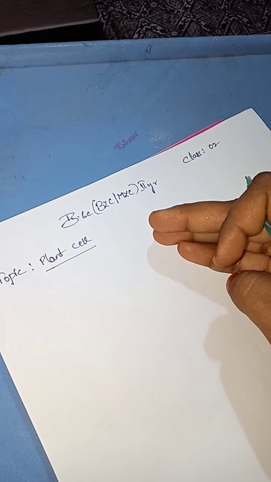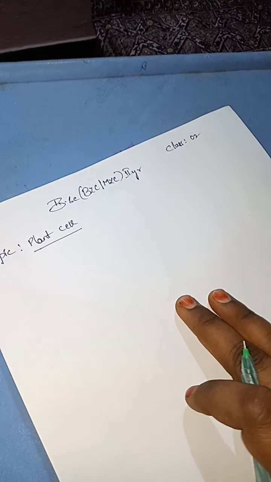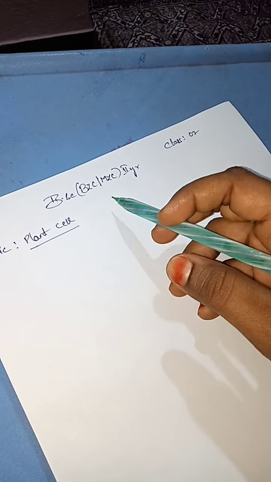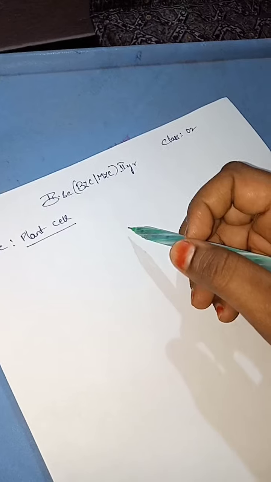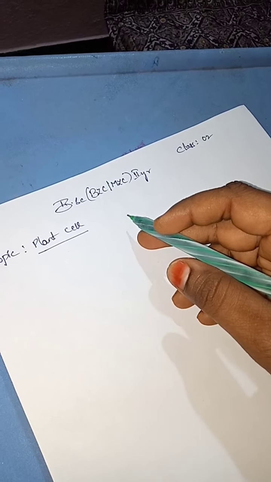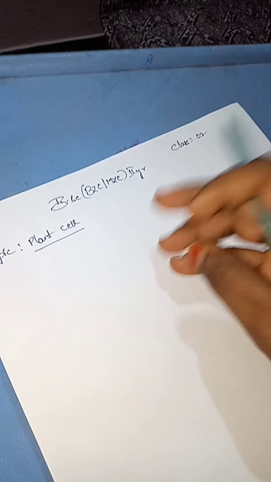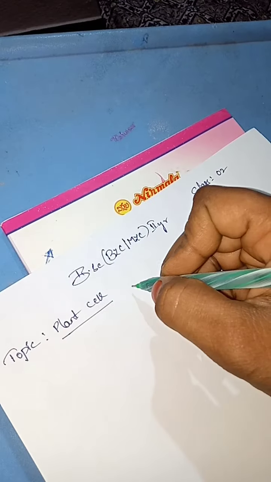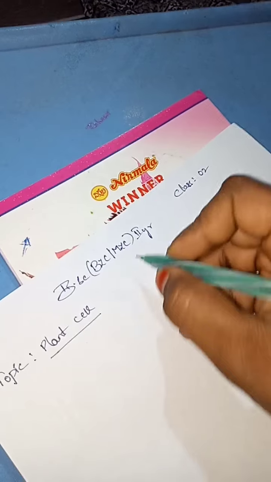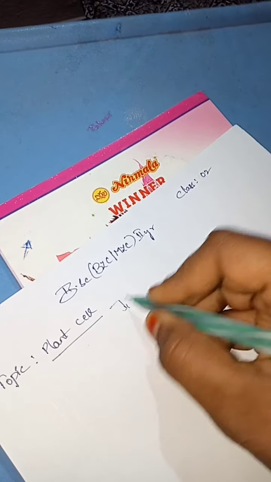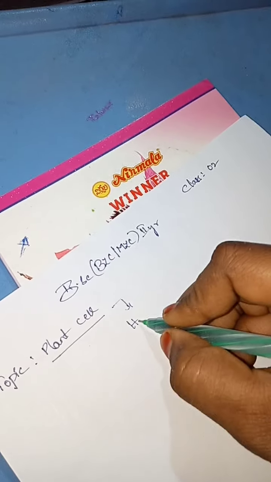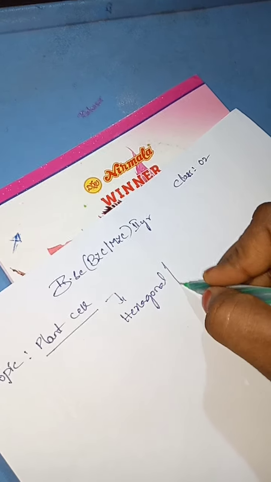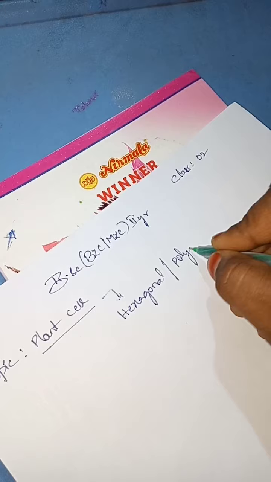Okay, so girls listen here, I'm going to explain the plant cell. What I said previously, animal cell will be oval shape or round shape. Coming to the plant cell, it might be hexagonal or pentagonal. Plant cells basically will be hexagonal shape or polygonal shape.